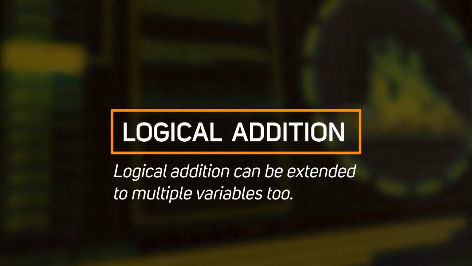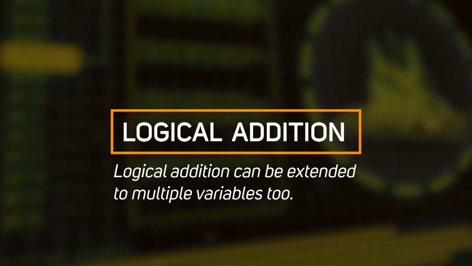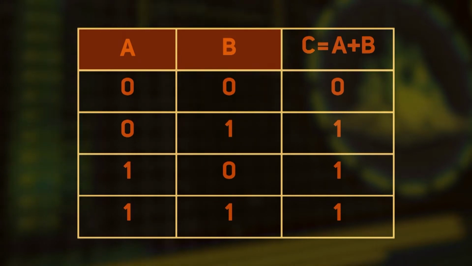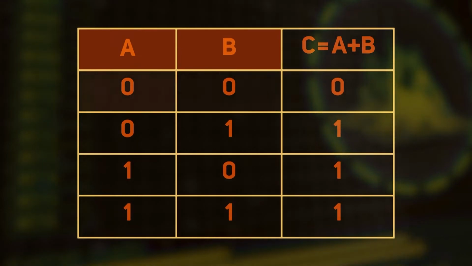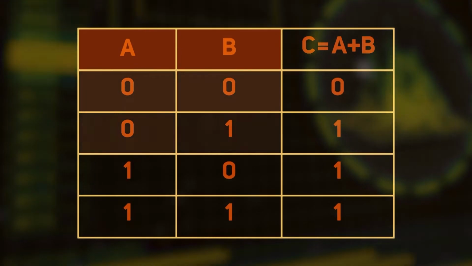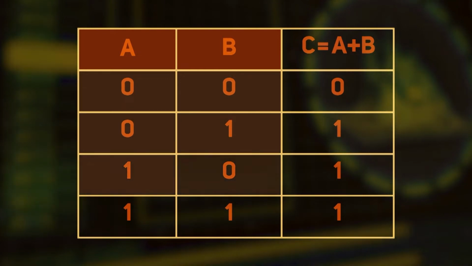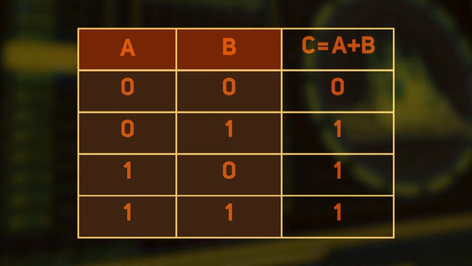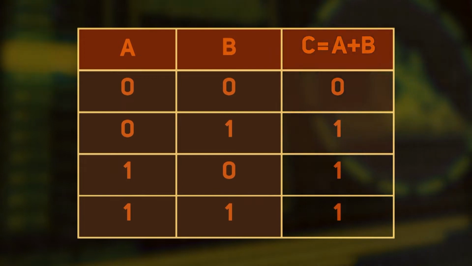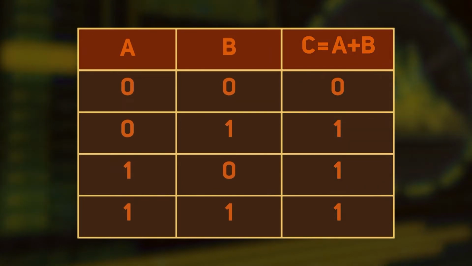Logical addition can be extended to multiple variables too. Notice the table given here. It has a special name, truth table. The table that gives all input combinations and its output values. In other words, it shows how the result or functional value varies with respect to each input.